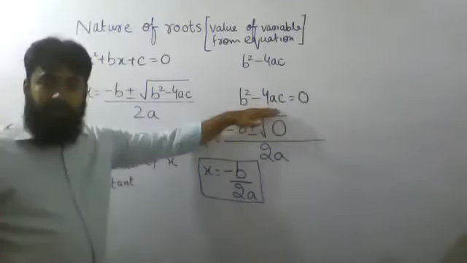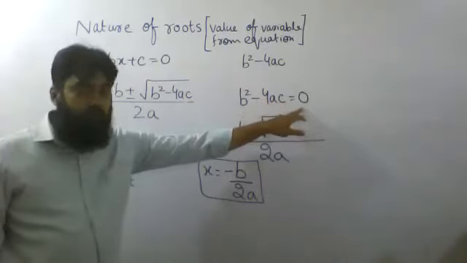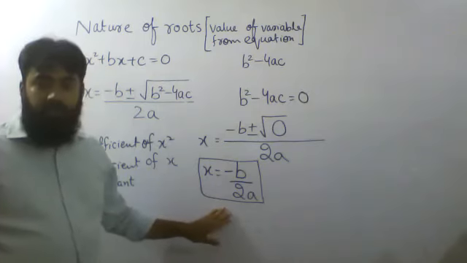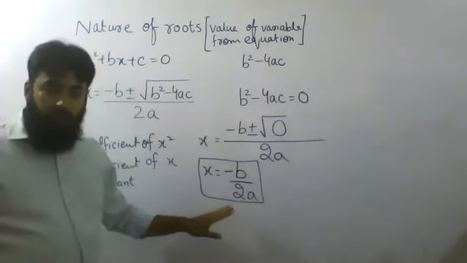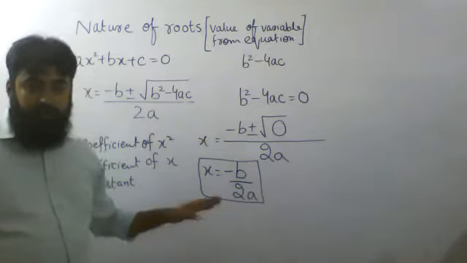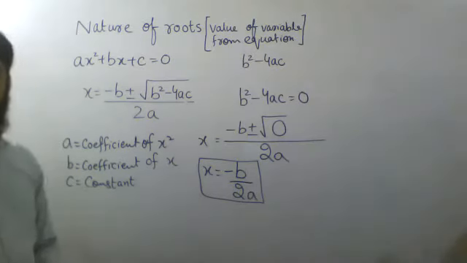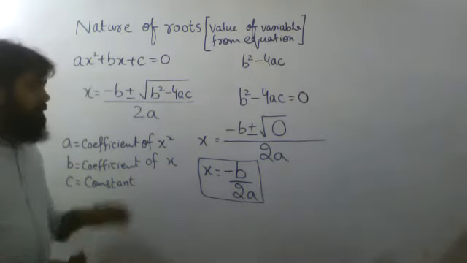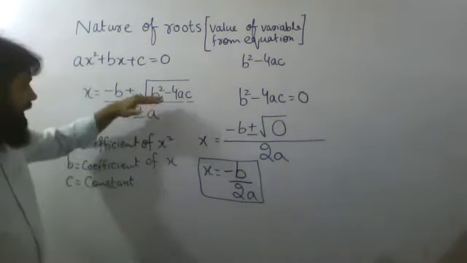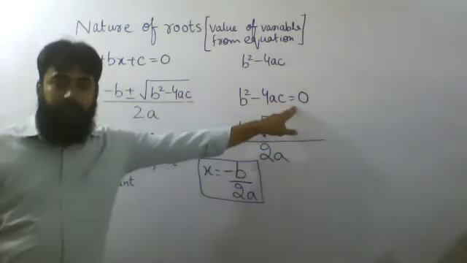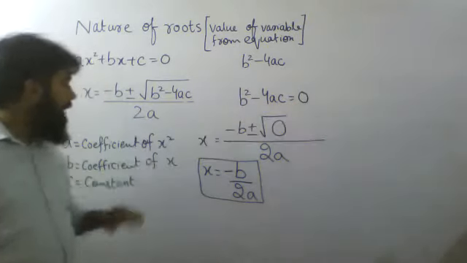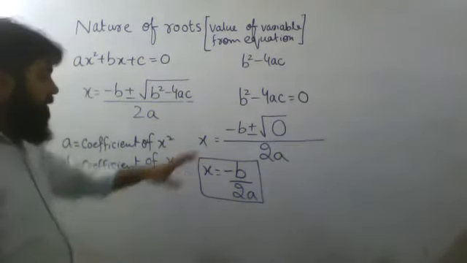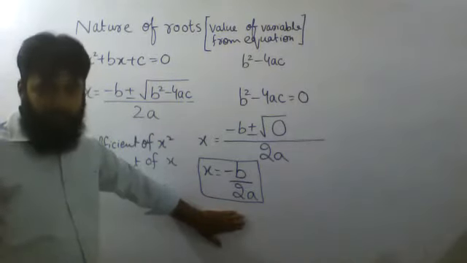When b square minus 4ac is equals to 0, this will become the answer which I am going to get for x. That will be only one answer. So, what I first informed you is that when b square minus 4ac is equals to 0, we are going to have only one answer.